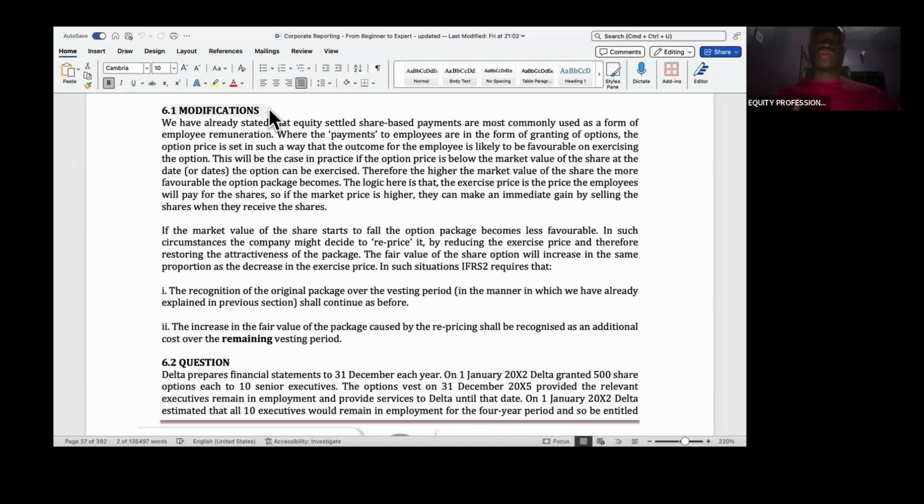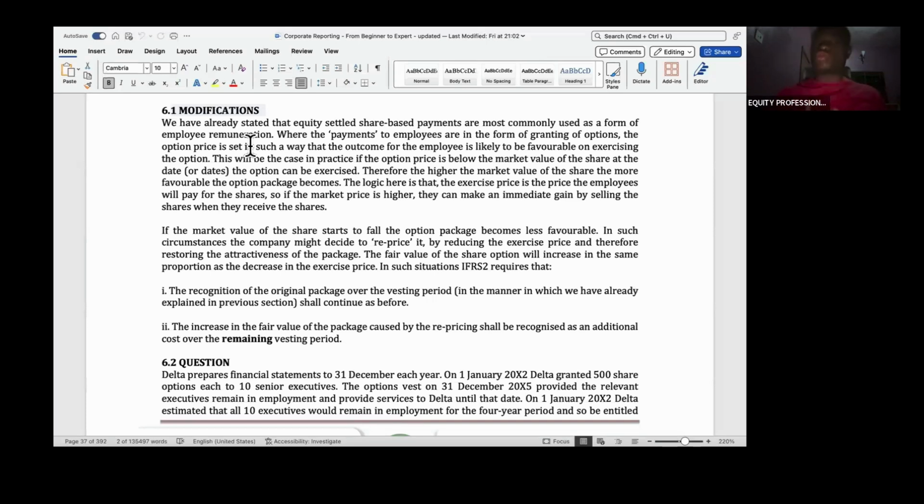So the scenario we want to deal with here is that if the share price starts falling, then it's expected that the company should also react. They need to reprice that exercise price by reducing it so that it's still attractive.